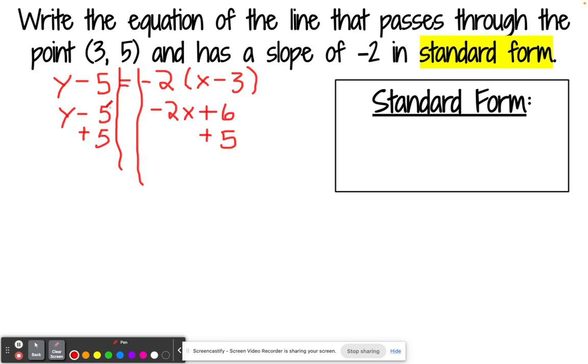So now I have y equals negative 2x. And do you notice that it is now in slope-intercept form? The intercept's 11. Just doing a little pass-through slope-intercept form while I add 2x to both sides to get it over to standard form.